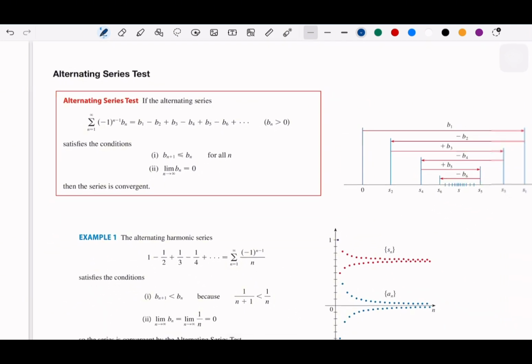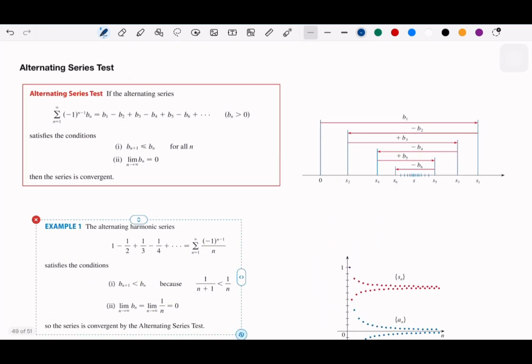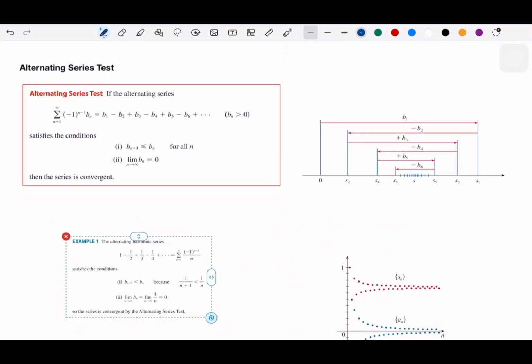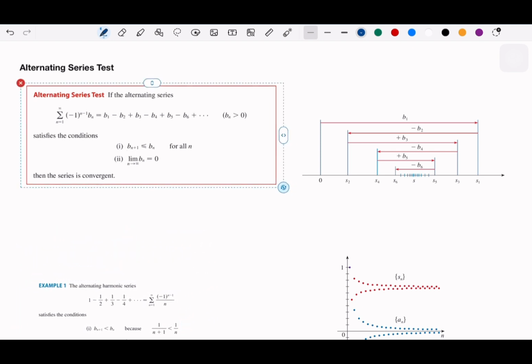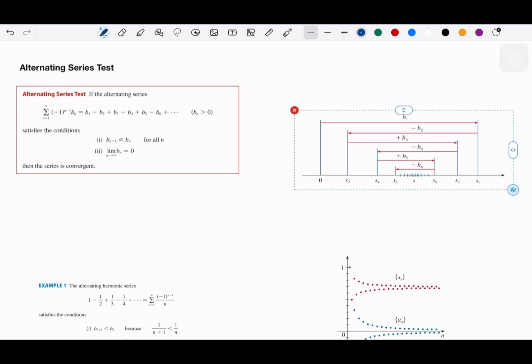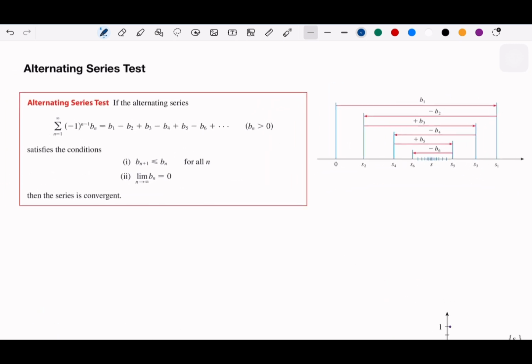Let me give you some idea. Focusing on this picture, we have S, and then S1, S2, S3, until we get larger and larger.